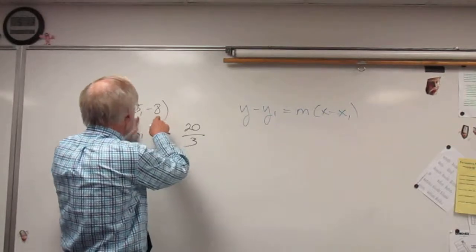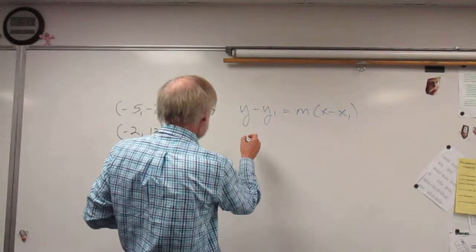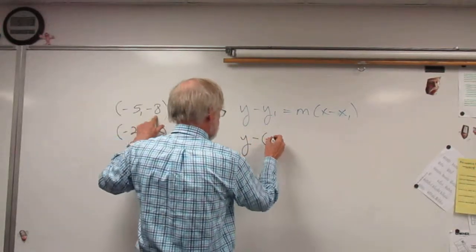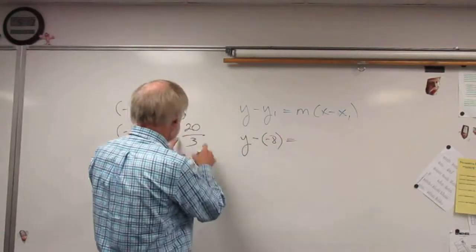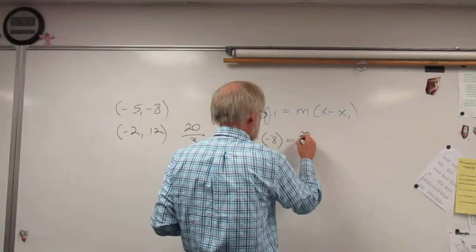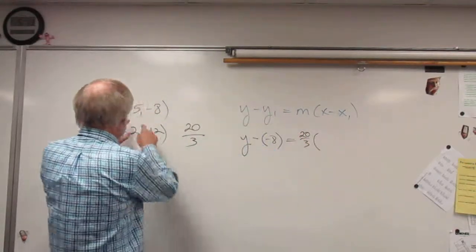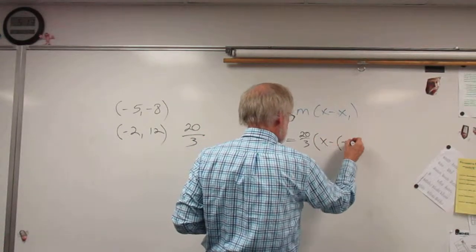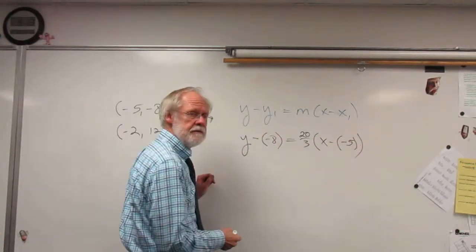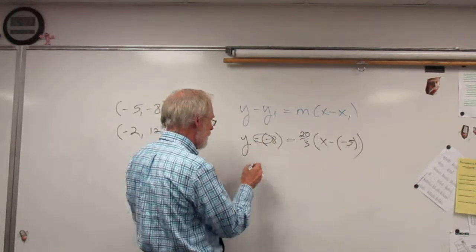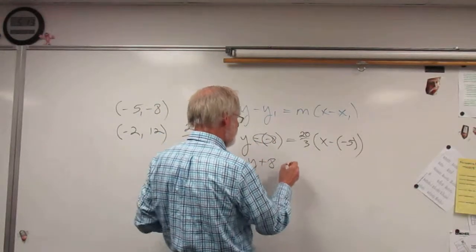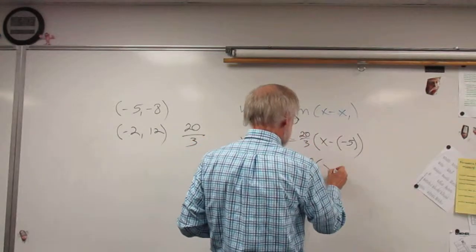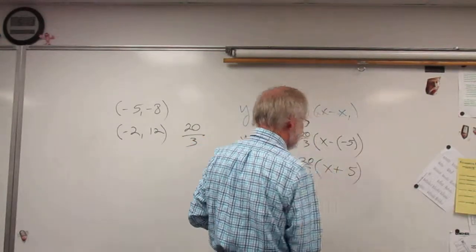Take either of these 2 points. I'm going to take the first one. Y minus negative 8 is equal to 20/3 times x minus negative 5. Like that. Okay? This becomes a plus. Y plus 8 equals 20/3 times x plus 5.